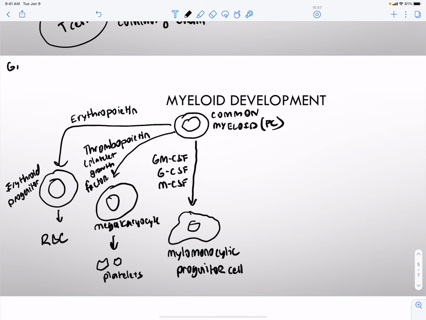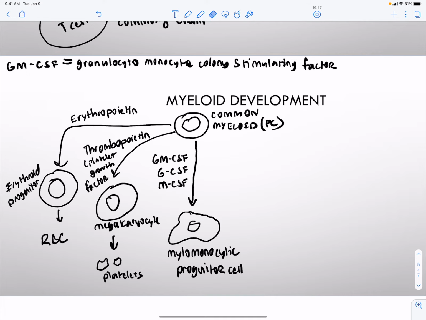So GM-CSF is granulocyte monocyte colony stimulating factor. And then G-CSF is granulocyte colony stimulating factor. And then M-CSF is monocyte colony stimulating factor. And so that's just what those terms mean.